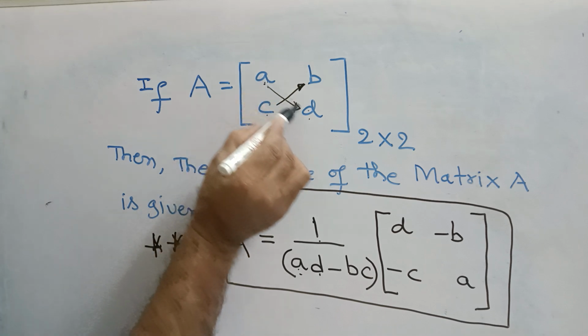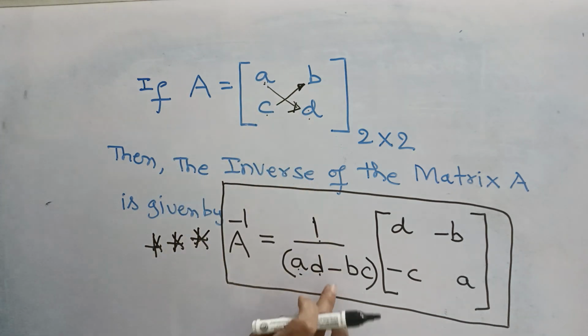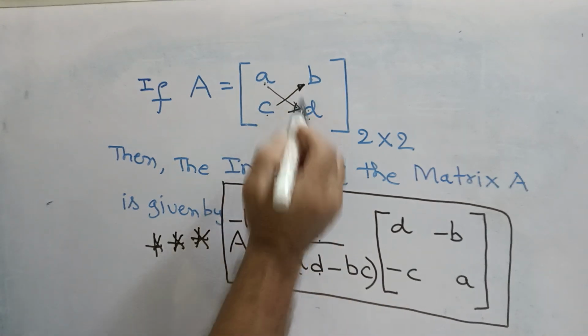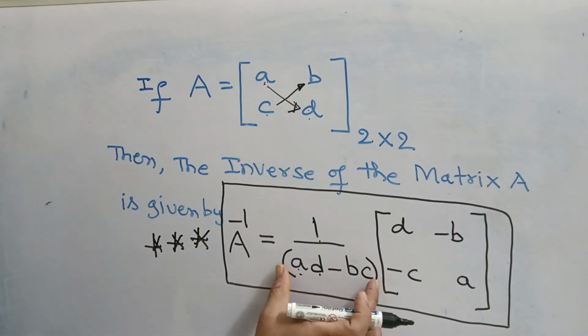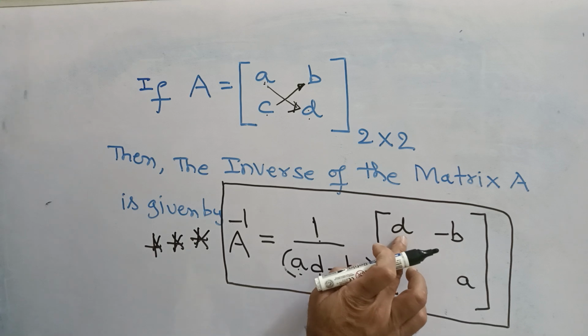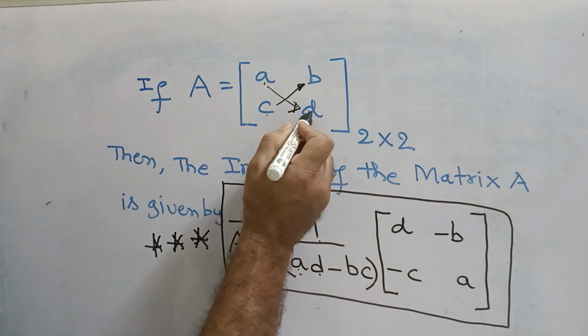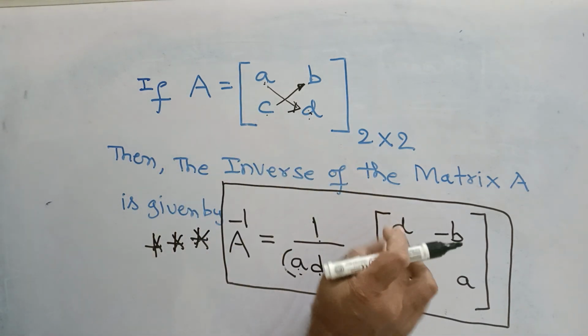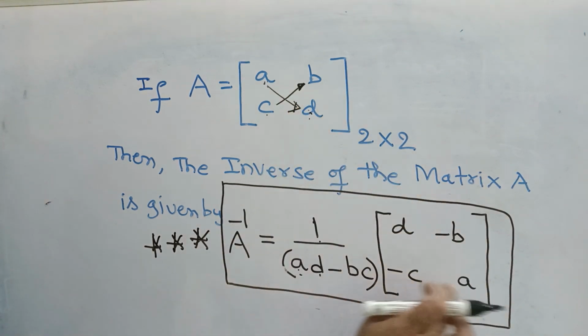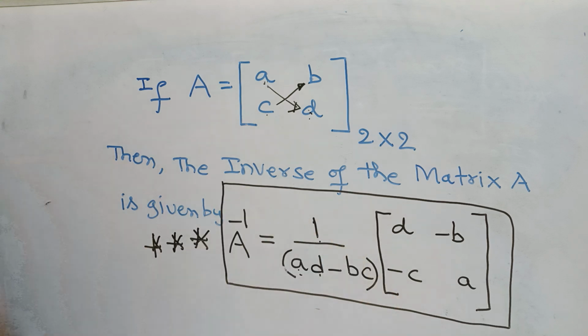So A into D minus C into B, or B into C. We keep that in a bracket, then take the square bracket again. The first element must be D, whatever the element is given in the matrix A, you should write here, D, minus B, minus C, A. This is the formula we should apply.